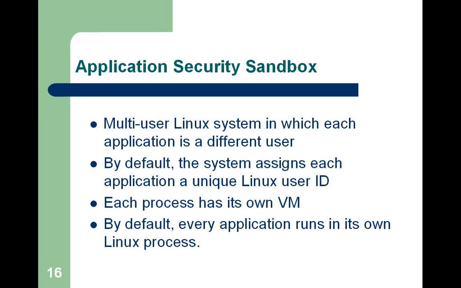So essentially by default, every application runs in its own Linux process. Android just starts the process when any of the application components needs to be executed. In the coming slides, we are going to look at various components of an application. But the idea to understand here is that Android starts the process whenever any of the components needs to be executed, and when that component is no longer needed, it shuts it down.